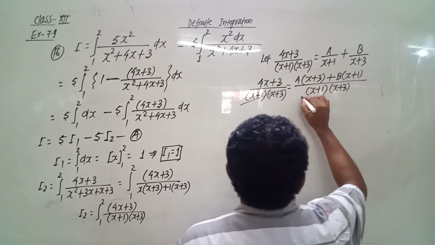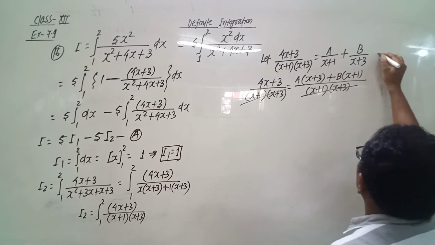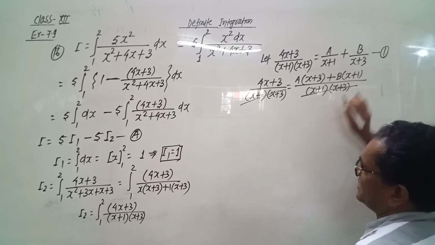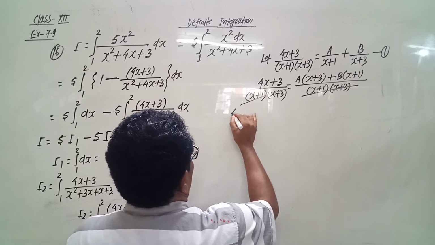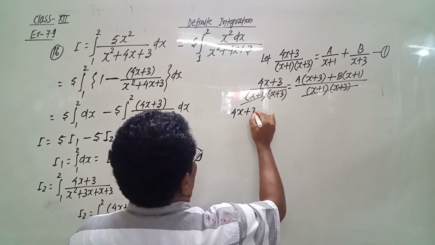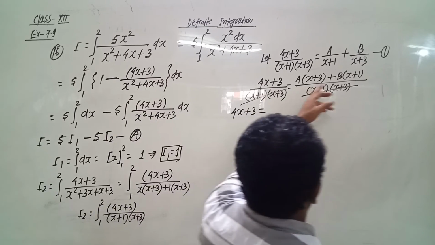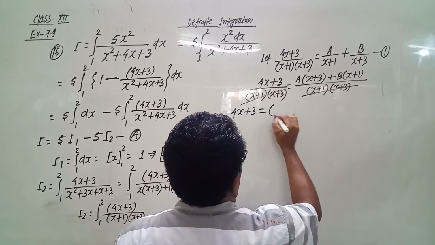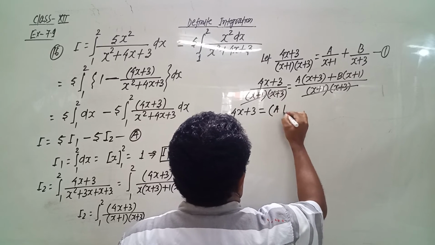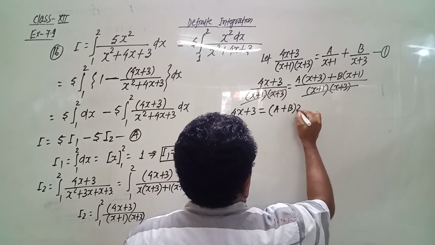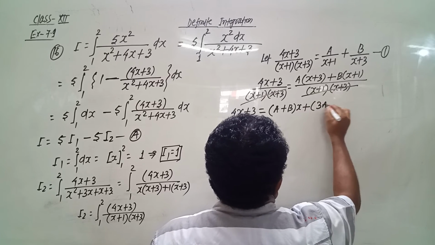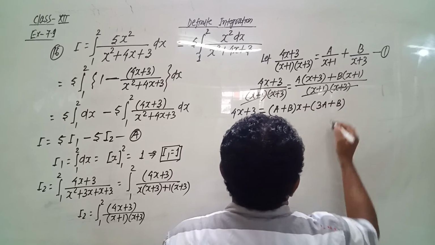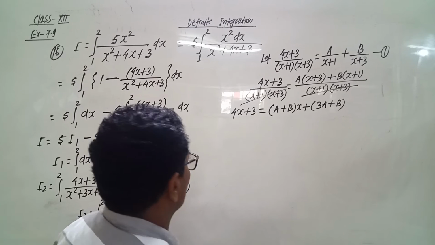So x plus 1 and x plus 3 get cancelled; name it the first equation. Now equate the coefficients: 4x plus 3 equals ax plus bx, and we take x common, so (a plus b) into x plus 3a plus b. Then equate the coefficients on both sides.